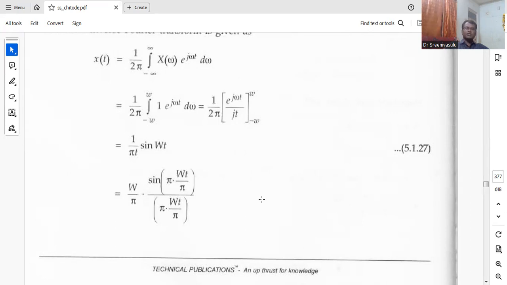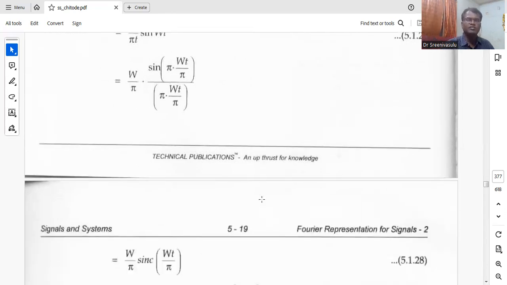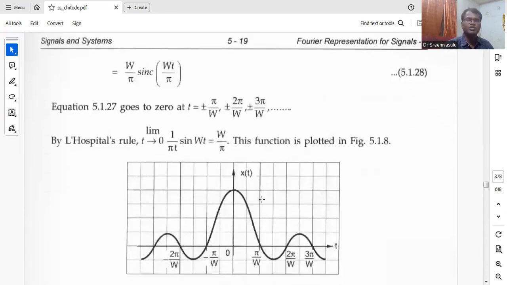You can change it to a sinc function by multiplying the numerator and denominator with pi, so it takes the form sine pi theta by pi theta, where theta is Wt by pi. Finally, you will get W by pi into sinc of Wt by pi.